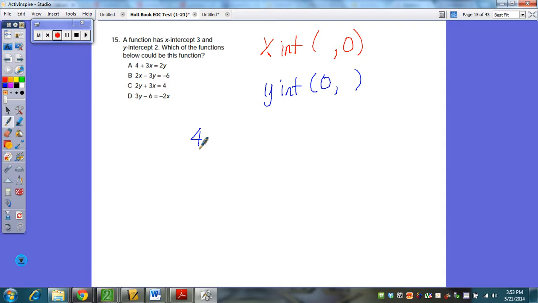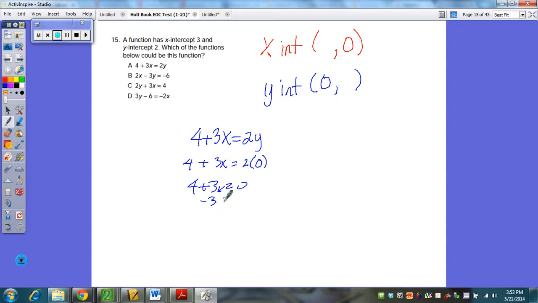We have 4 plus 3x equals 2y. So if I went ahead and plugged in my x-intercept, my y value should be 0. So if I plugged in 0 for y, then we have 4 plus 3x equals 0.